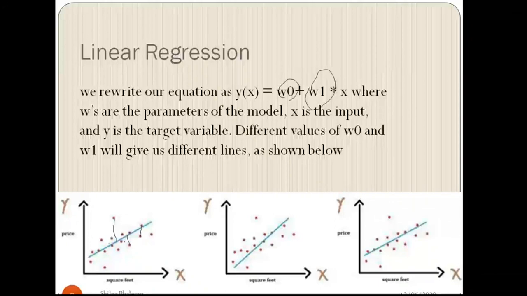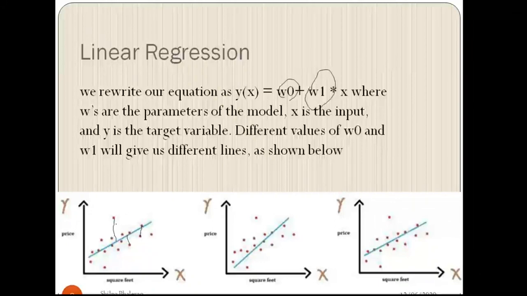of this. We need to identify the best fit line, whether the minimum error is in this one or in that one. So what is the criteria? We need to identify the best fit line based on the difference between the predicted value and the actual value. Since the predicted value can be on the positive side of the actual value, or on the negative side of the actual value, we have to square this difference so that it can be considered as the error.